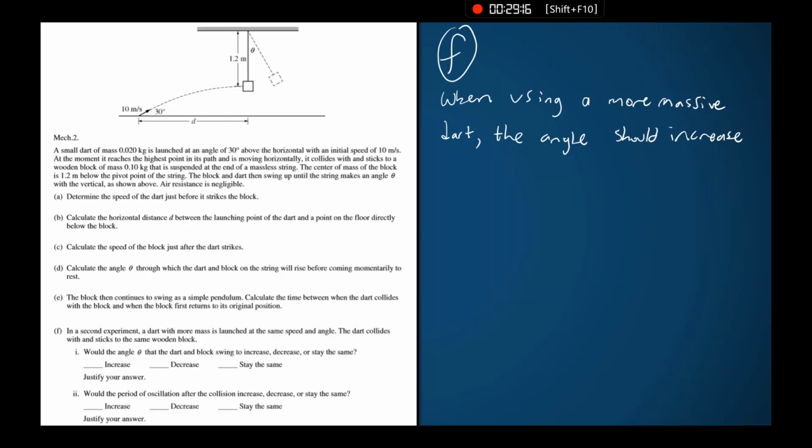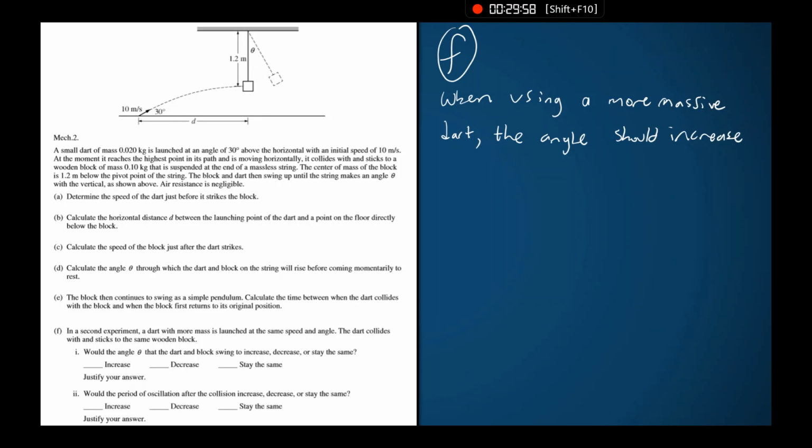Let's look at what happens to the speed after the collision, though. So, how did you get your speed after the collision? Momentum. Okay, that's because we used momentum to figure out what the velocity of the dart-block system was. You're going to have more momentum with more mass at the same velocity, right? That's why.